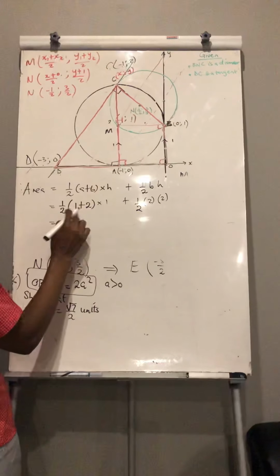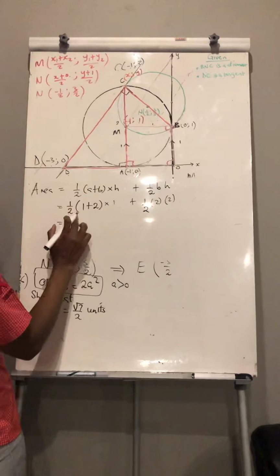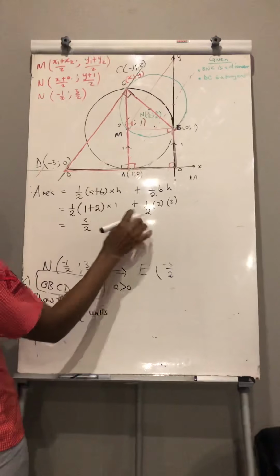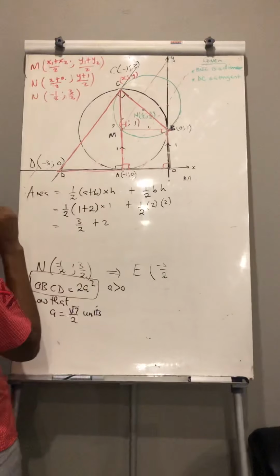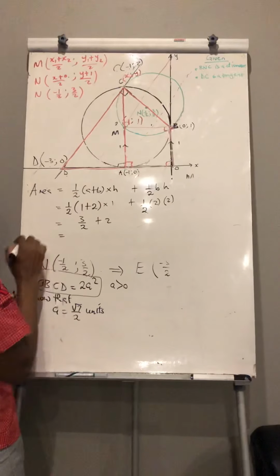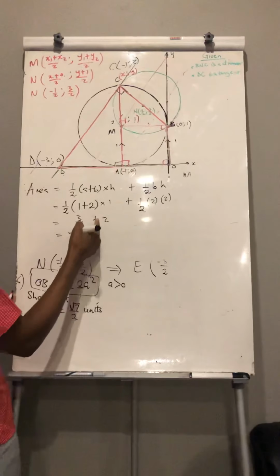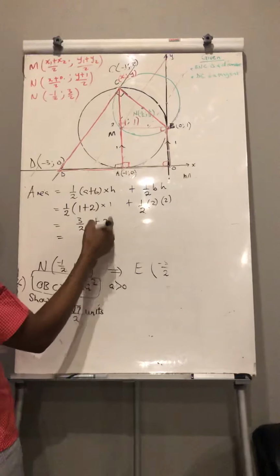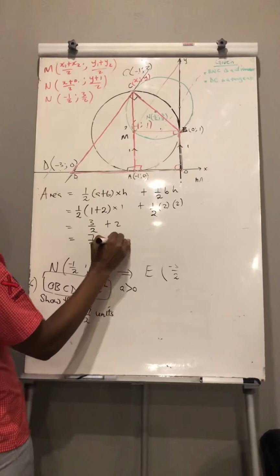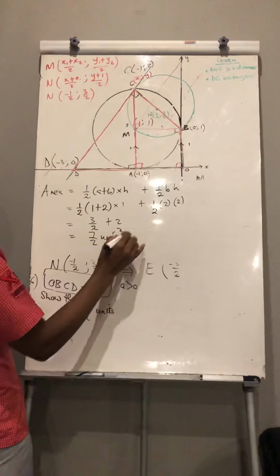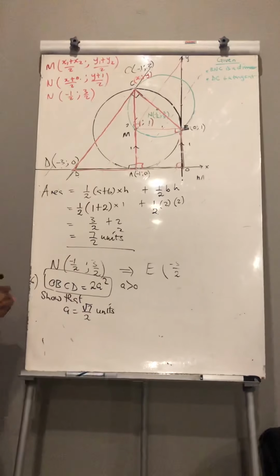So this is going to be 3 over 2, as we can see, and that one is just 2. So we should easily find that to be 4 over 2 plus 3 over 2, which should be 7 over 2 square units. So this will be the area of this.